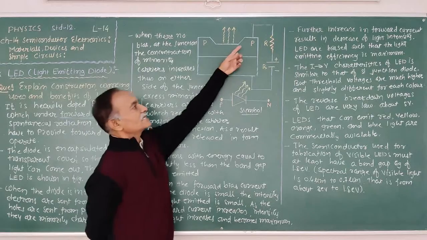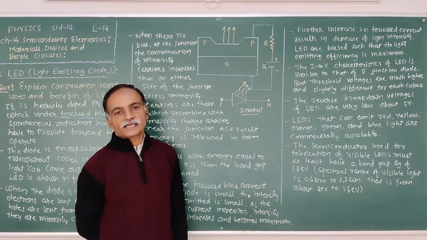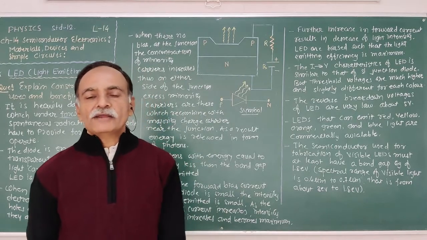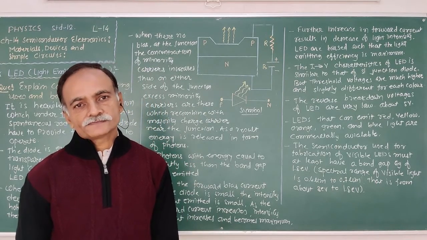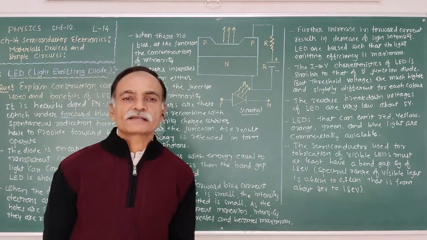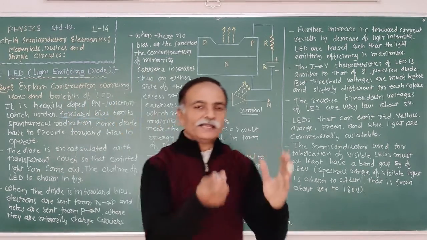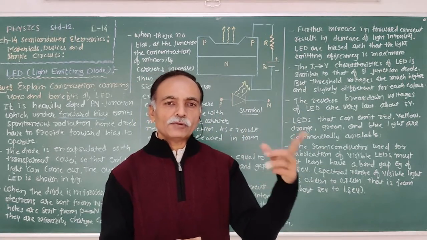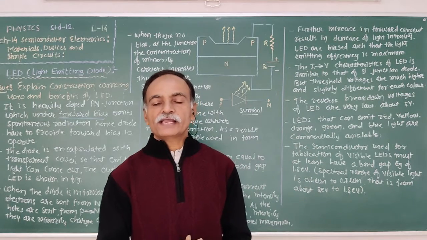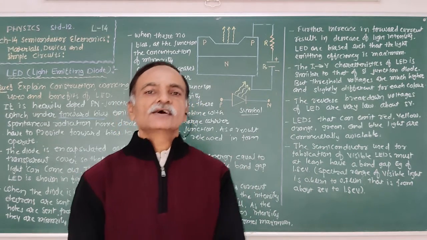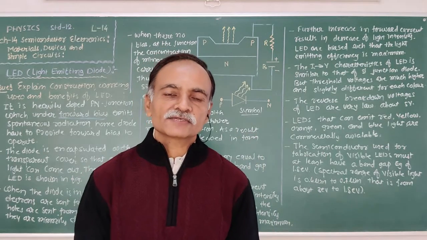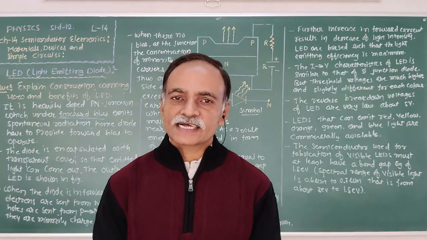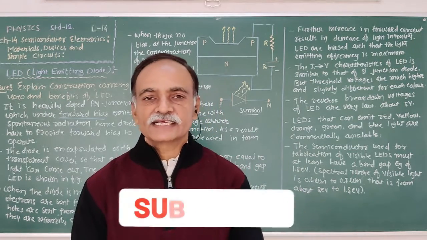Here the minority charge carriers in the p-type semiconductor are electrons, and in the n-type semiconductor the minority charge carriers are holes. What happens when the PN junction is formed? Electrons from the N region diffuse to the P region and holes from P diffuse to N. Therefore, on the N side the number of holes increases, while on the P side the number of electrons increases. In the P side, the minority charge carriers are electrons, therefore the minority charge carriers increase.